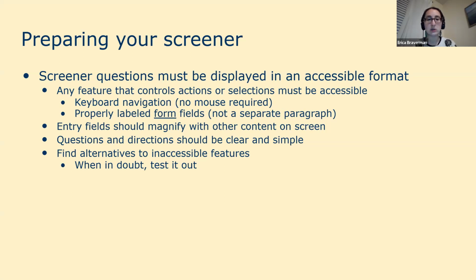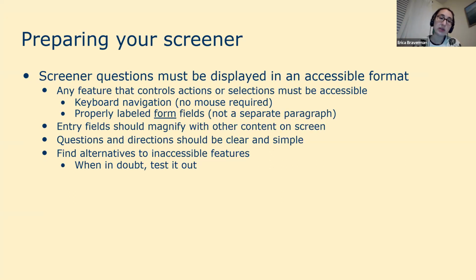I did link a resource on accessible forms. It is a little bit codey, but if you're not a coder, what I mean by labeled forms is when you're saying, this is where I want you to put your first name, make sure that the field essentially asks, what is this for? What is this asking? That's where you put the first name, and not a paragraph above it that says, type your first name below.